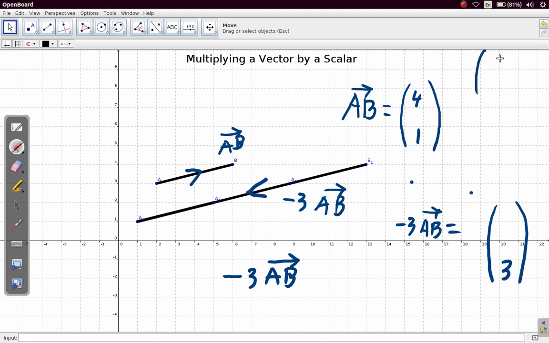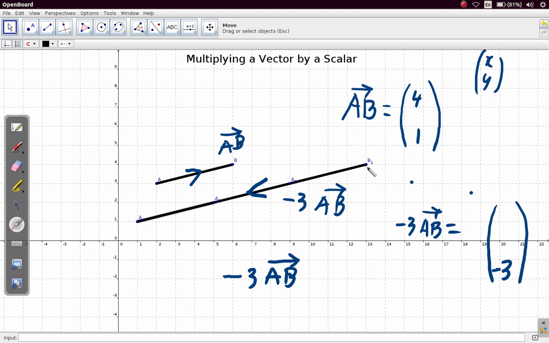Remember, it is in the form (x, y). Oh, by the way, we were moving down, so there should be a negative in front of the 3.